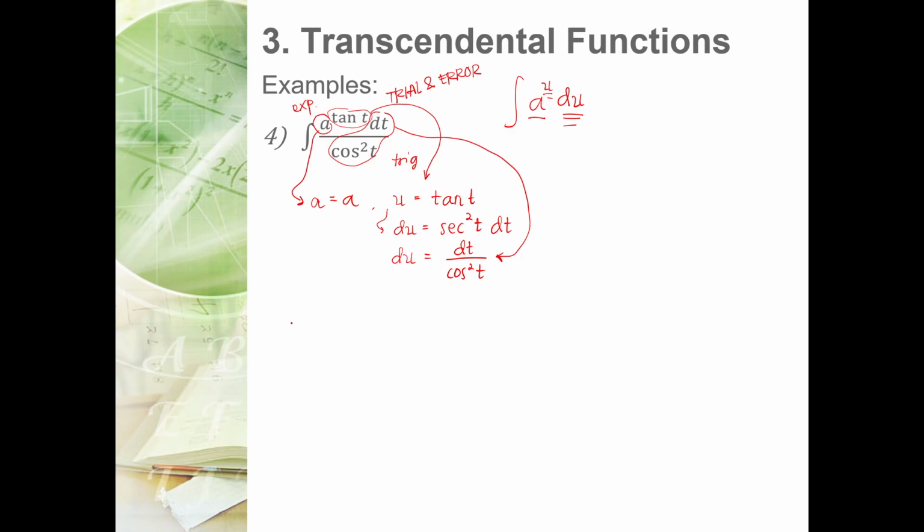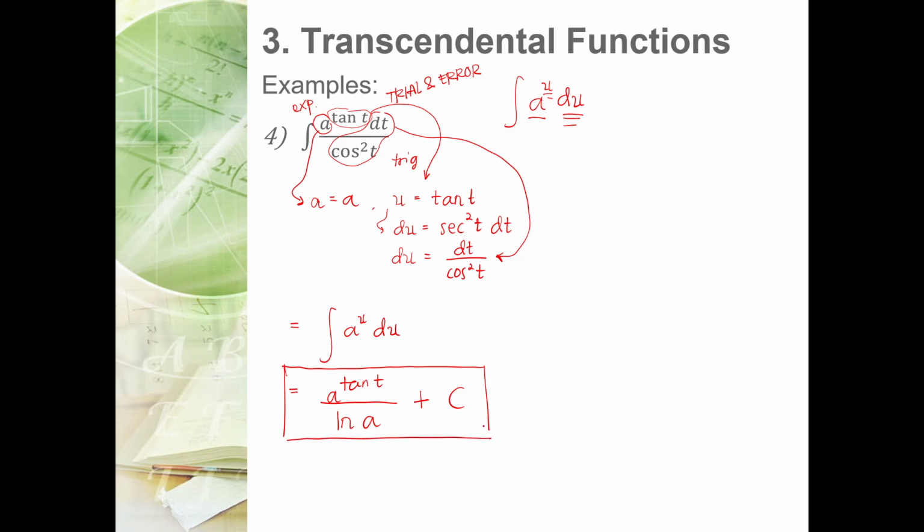Everything can be replaced. So we have a raised to u du. Then the answer is a raised to tangent t all over ln of a plus c. So this one is your final answer.